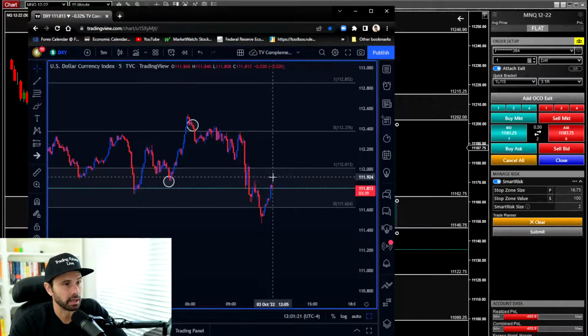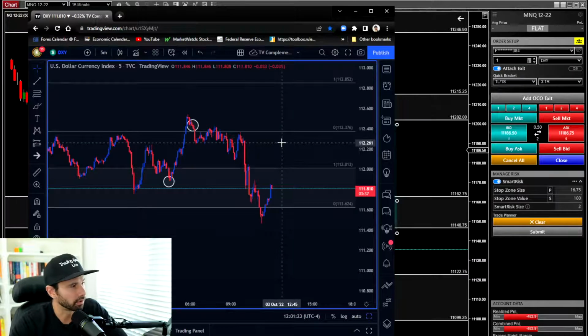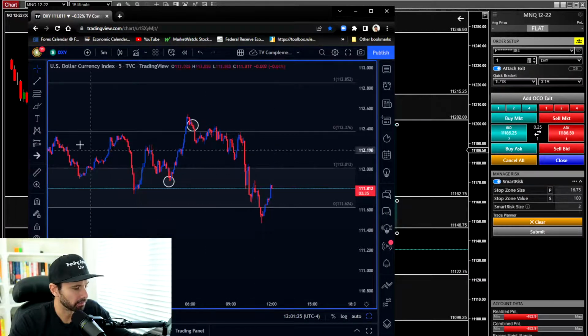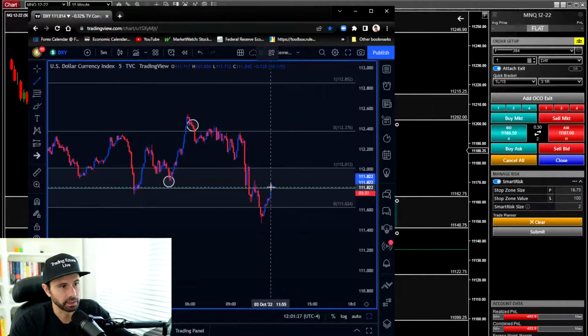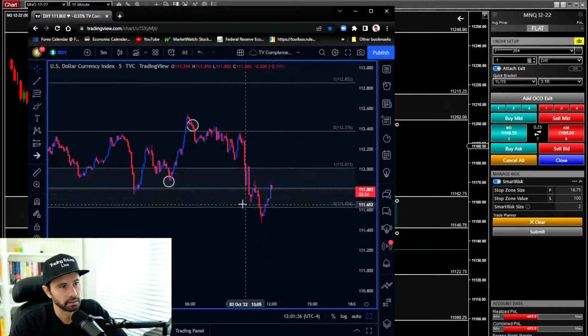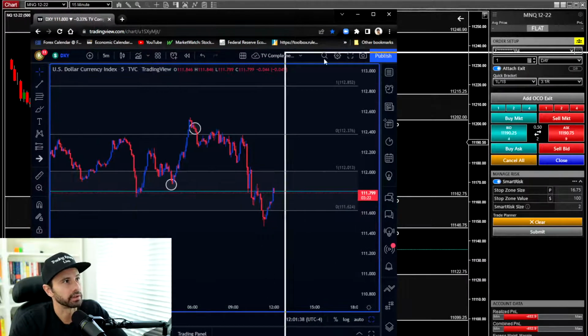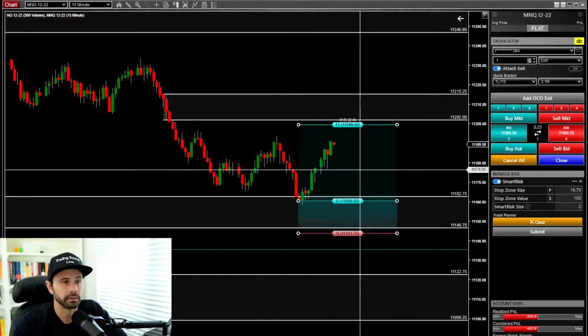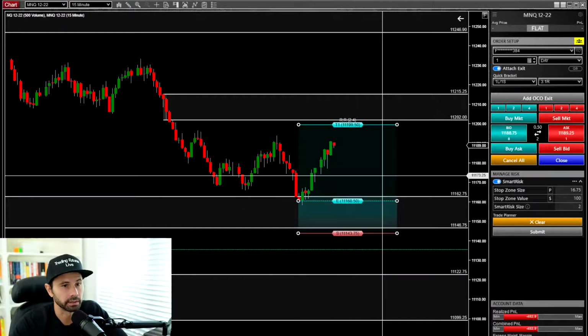Let's see if this thing continues to go up, then we will have a reversal day. But if the dollar just continues its trend for the day, which is more likely to happen, we might have a continuation from there, and not lower.